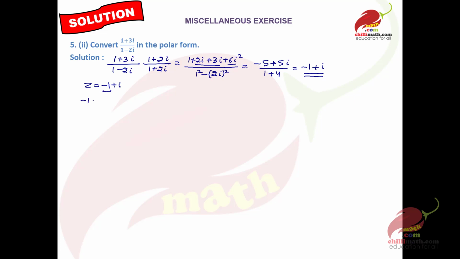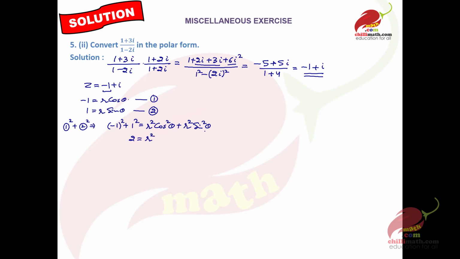Solving this, x equal to r cos theta, y equal to r sin theta. Mark these as equation number 1 and equation number 2. To find r, squaring and adding these equations, we get minus 1 square plus 1 square equal to r square cos square theta plus r square sin square theta. Minus 1 square is 1, plus 1 square is 1, 1 plus 1 is 2.